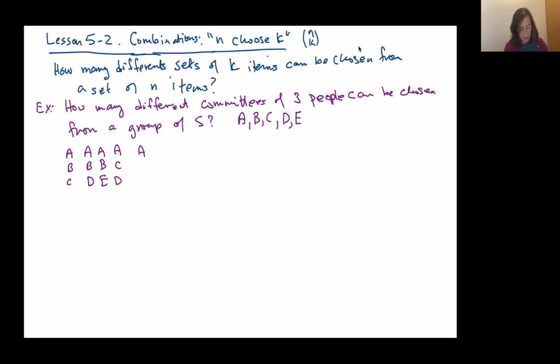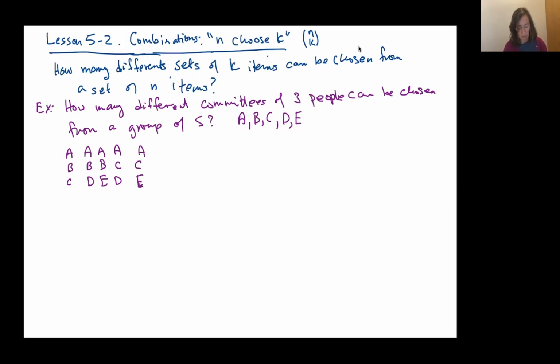So far I've done 3 committees that have A and B. These are all the possibilities with A and B. Now I'm looking at the ones that don't have B, but have A and C in them. So we've got ACD. We also have ACE.